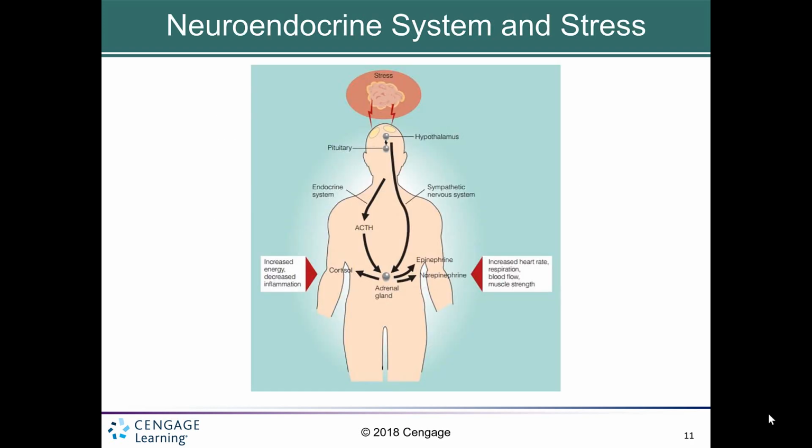So overall, let's talk about the physiology of the stress response. The stress reaction mobilizes body resources to react in emotional, stressful, and emergency situations. One route occurs through direct activation of the sympathetic nervous system, which is called the adrenomedullary response.